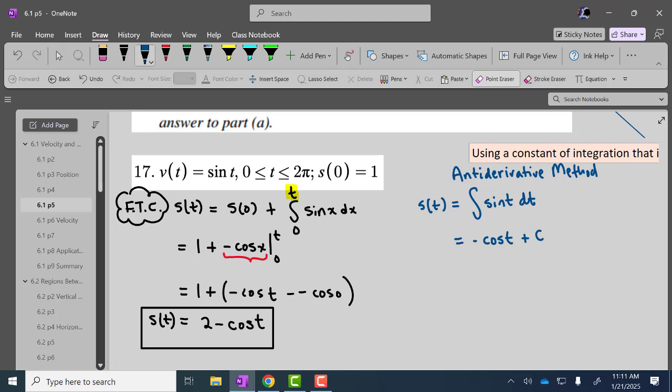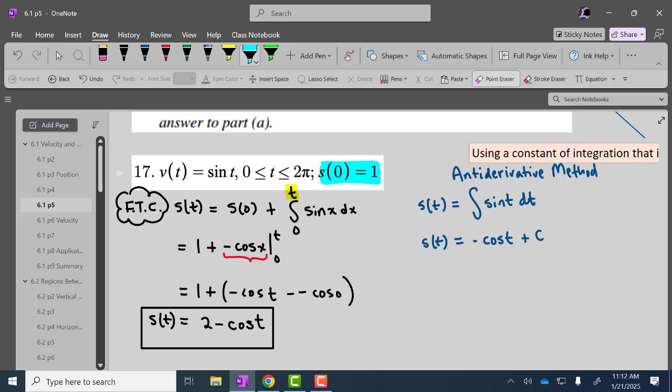So here we have the position function partially figured out, but we have to figure out what that c value is. And so to find that c value, we're going to come up and use this to solve for c. Whenever we do an indefinite integral, we end up with an infinite collection of antiderivatives.